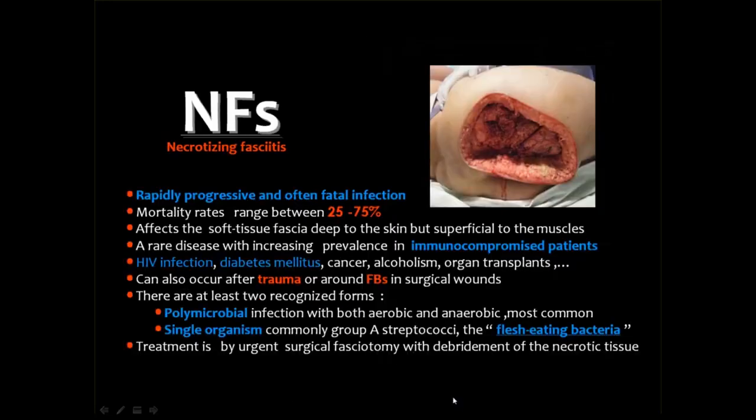Finally, we will say a few words about necrotizing fasciitis, which is a rapidly progressive and fatal infection with a high mortality rate, which may reach up to 75% of the cases. The disease affects the deep fascial planes, the skin, and the underlying muscles may be affected.